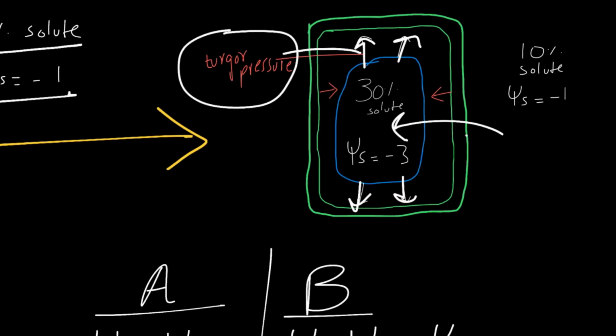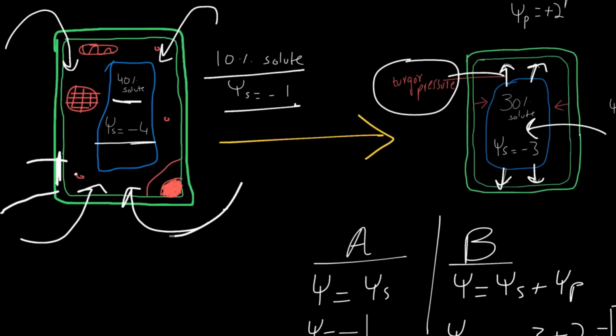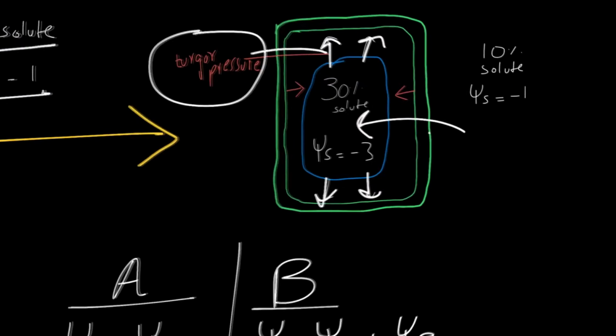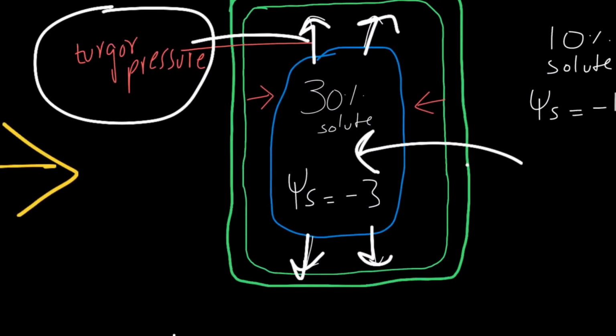So, for example, water came inside and dropped the solute potential from -4 to -3. It decreased the solute potential instead, right? However, we see alongside turgor pressure there is this pressure as well, right?